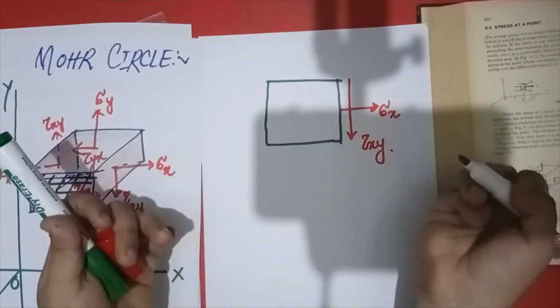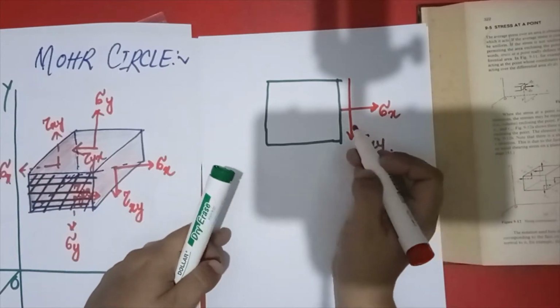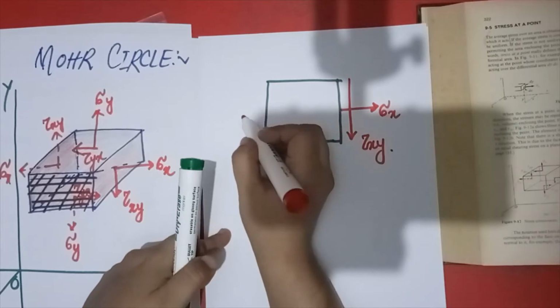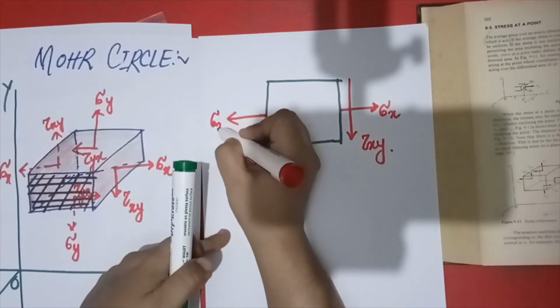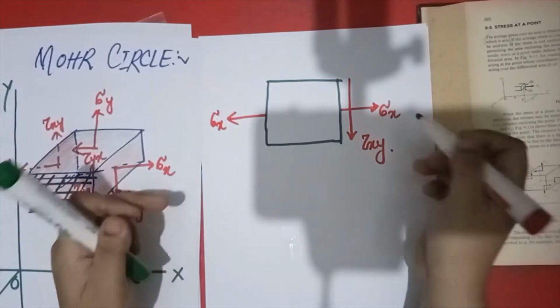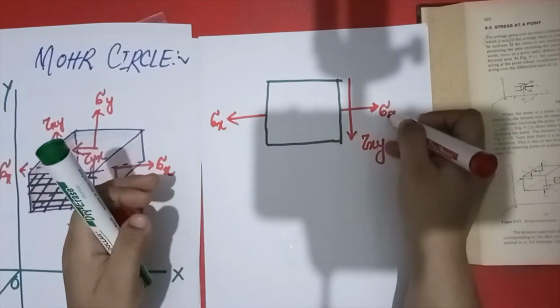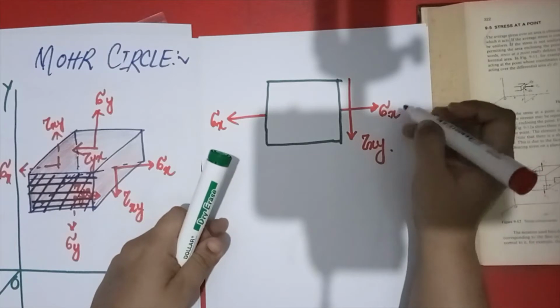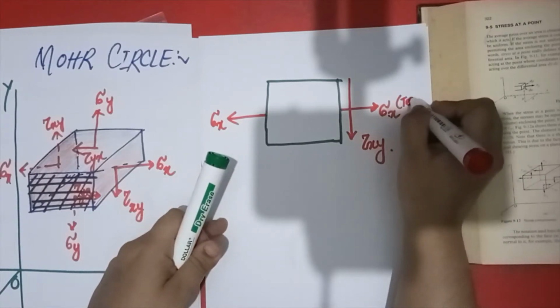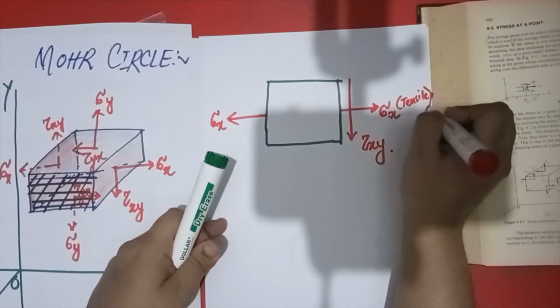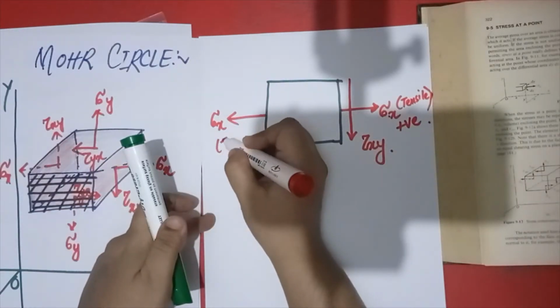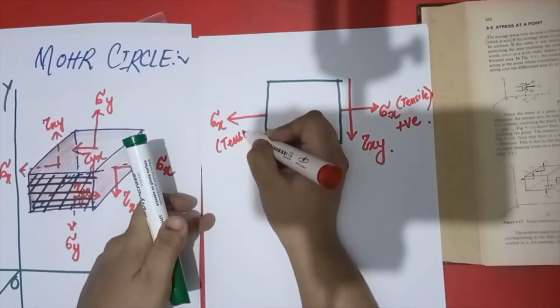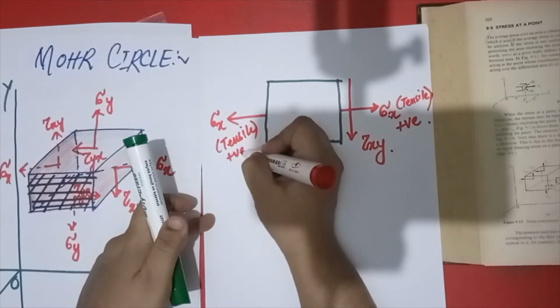So what does that mean? If this is sigma x, there will also be sigma x here, and this should also be outward. If it is outward, it is tensile, because it is outward. So it should be positive. And this one is also tensile, so it is also positive.